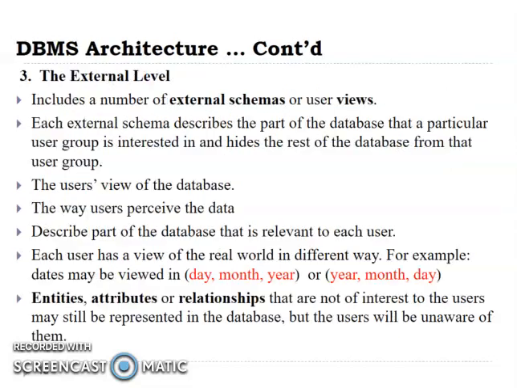The third one is the external level. The external level includes a number of external schemas or user views. We can say it is a user view. It describes the part of the database that the user is interested in, and hides the rest of the database from the user or user groups.